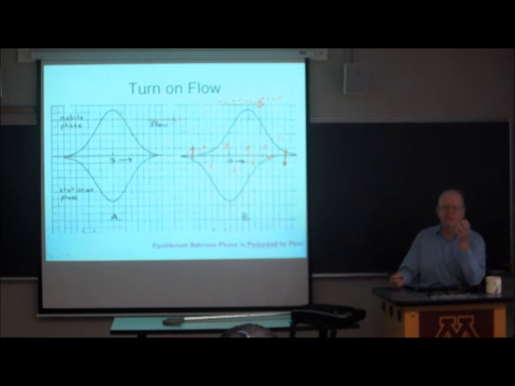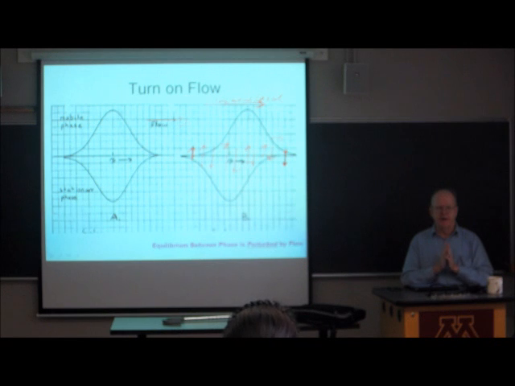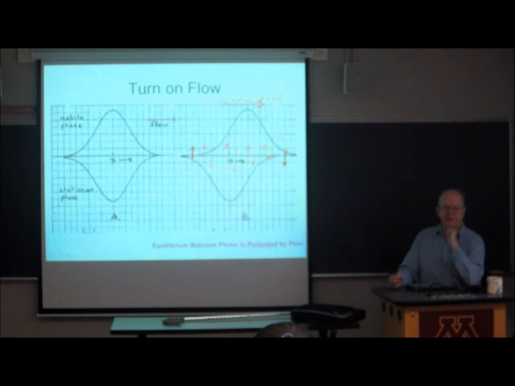And diffusional processes tend to be slow. Convection can be slow or fast, depending upon how much flow you apply, how much pressure you apply to the fluid to push it through the column. But once the transverse transport becomes slow compared to the axial transport rate, you're going to get peak broadening. So that's one process.